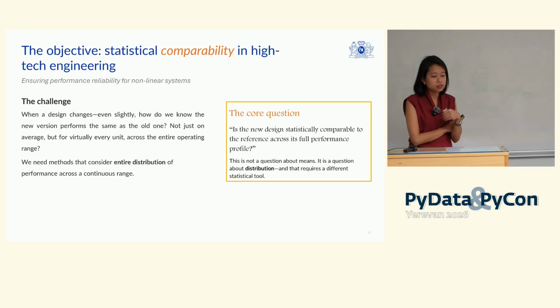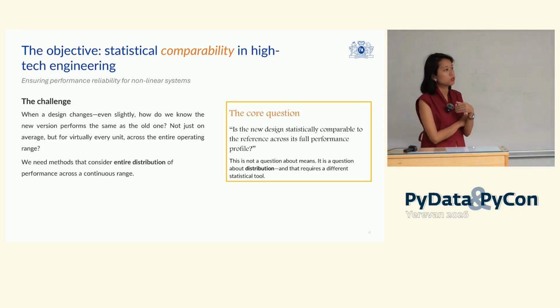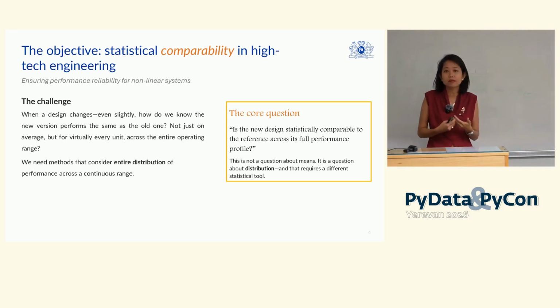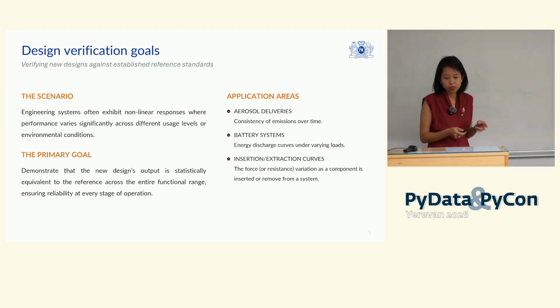So we need a statistical method that looks at the entire distribution instead of just certain parameters. So our core question is: how can we claim this new design is statistically comparable to the reference product, and make a conclusion across the full performance profile instead of just talking about the average?